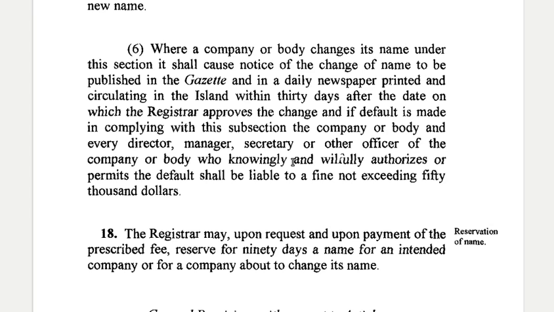And that must be done within 30 days after the date on which the registrar approves the change of name. Daily newspaper nowadays means the Gleaner or the Observer, right? I don't think the Star would qualify as a daily newspaper. So either the Gleaner or the Observer.